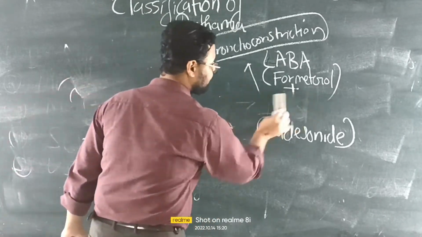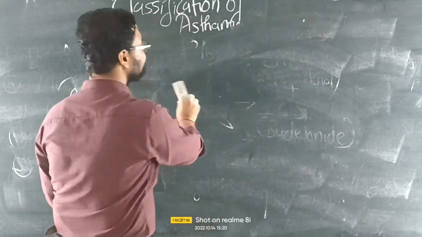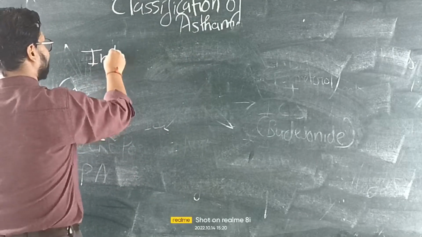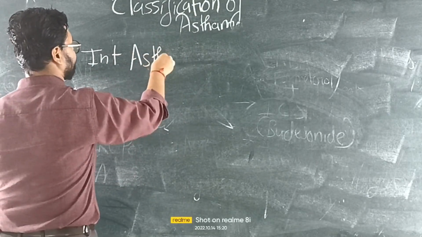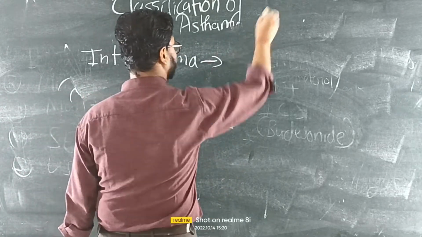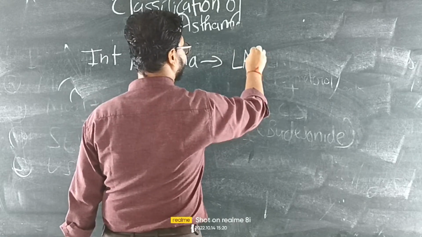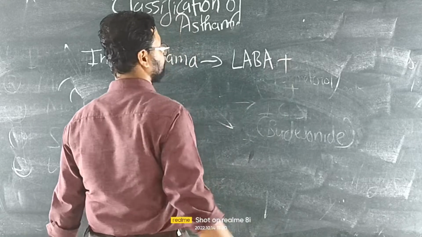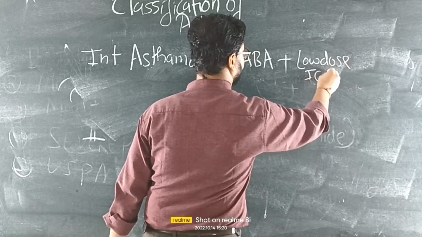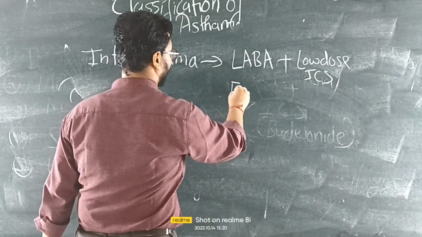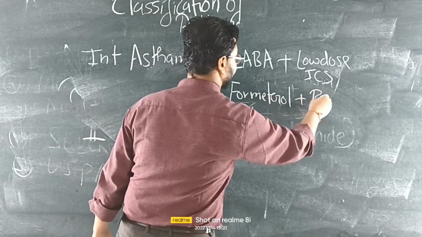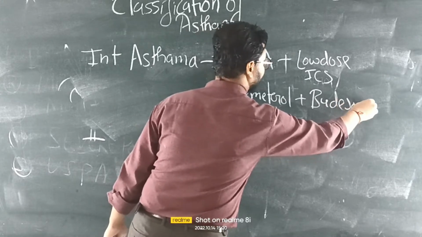So let me make it more clear. The treatment of choice in intermittent asthma is a long-acting beta agonist plus low dose ICS, that is formoterol and budesonide.